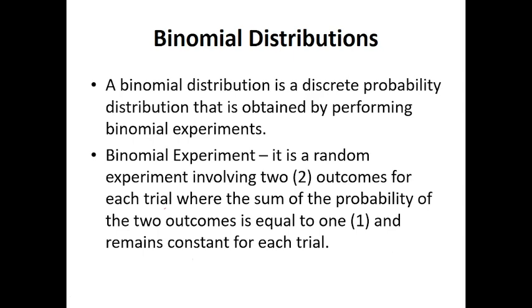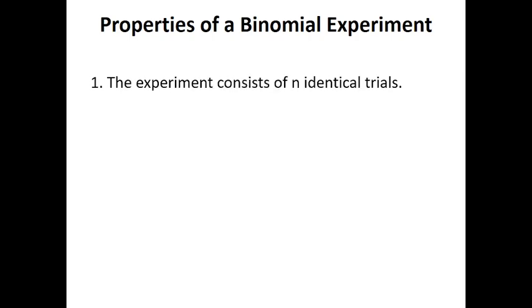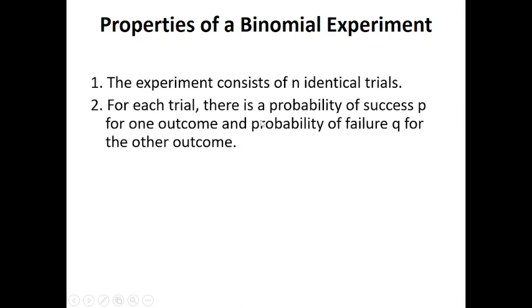So we proceed. Properties of a binomial experiment: the experiment consists of n identical trials, so similar trials. For each trial, there is a probability of success P for one outcome and a probability of failure Q for the other outcome.